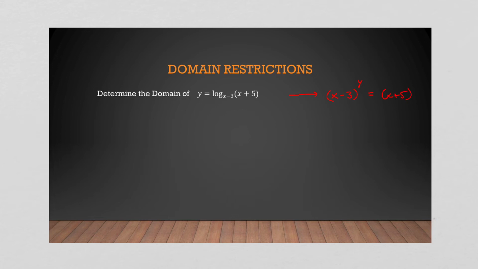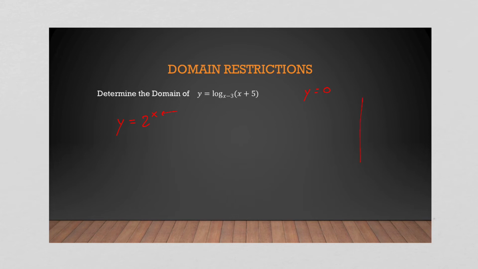Now, that doesn't really do much for us, but there's something to consider with respect to a log and an exponential. If you look at a basic exponential, again I'm going to use 2 as an example, there are absolutely no values for x that will give me y equals 0. It's not possible, right? If x is a positive number, we get a really big number. If x is a negative number, we get a really, really small number. But we're never going to get 0.